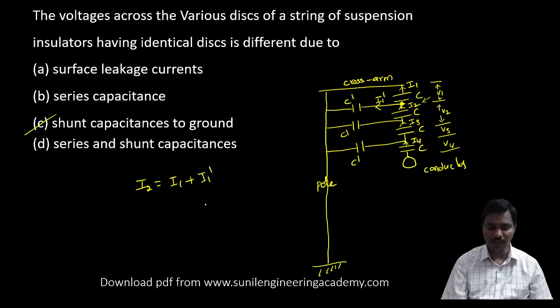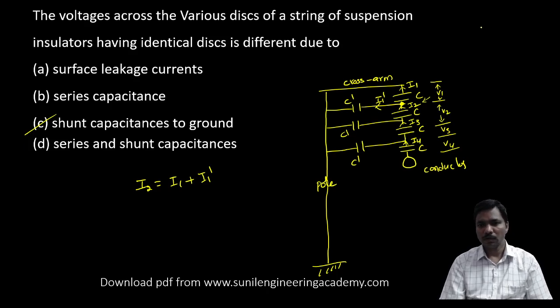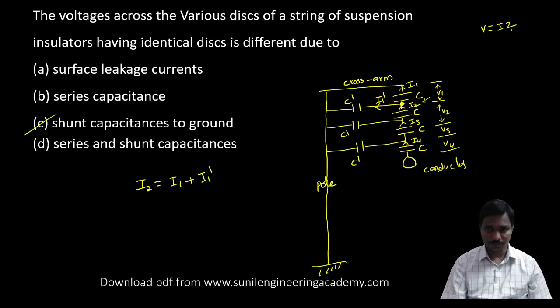Here we have voltage and capacitance, so voltage is equal to I into Z, where Z is the capacitive reactance Xc, which is 1 by omega C.